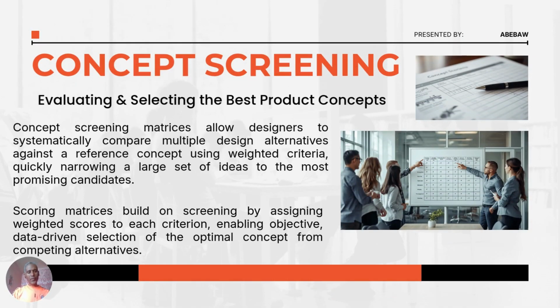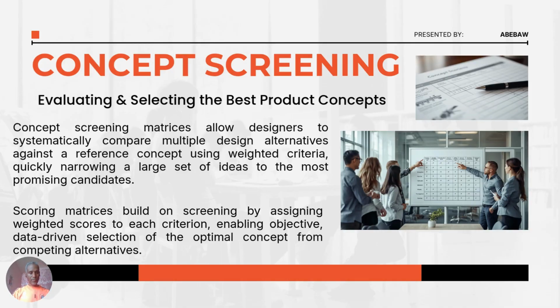After generating the concepts, we should select the appropriate or the best one. To select, we have 2 methods: concept screening and concept scoring. A concept screening matrix allows designers to systematically compare multiple design alternatives against reference concepts using weighted criteria, quickly narrowing a large set of ideas to the most promising candidates.